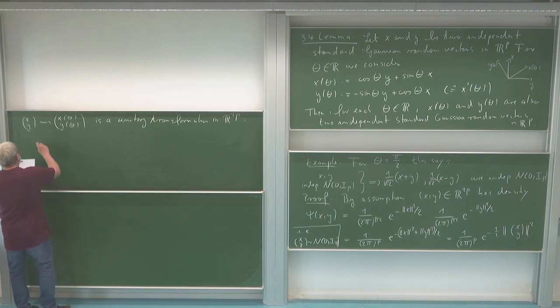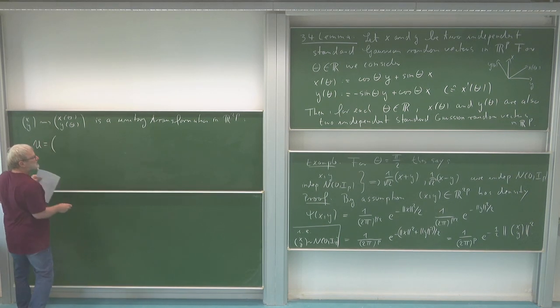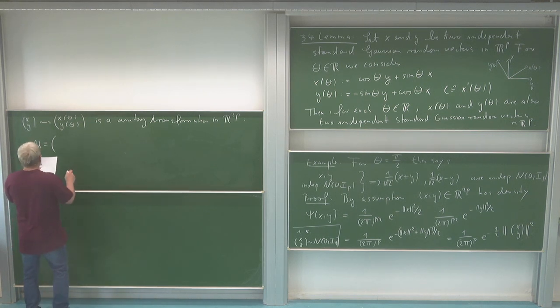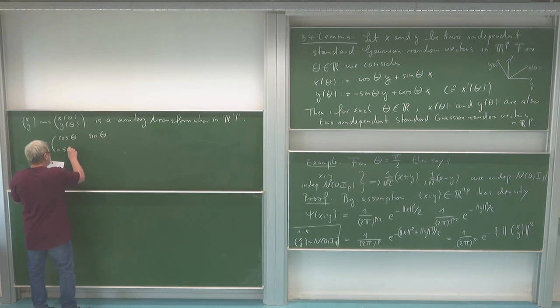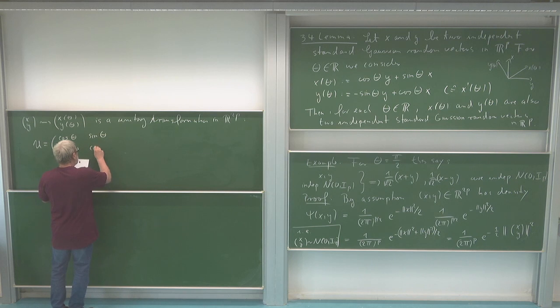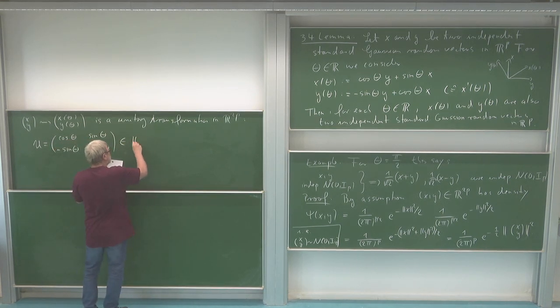So namely the basic transformation is the one which is there, namely the 2 by 2 matrix cosine theta, sine theta, minus sine theta, cosine theta. So this is a 2 by 2 matrix.